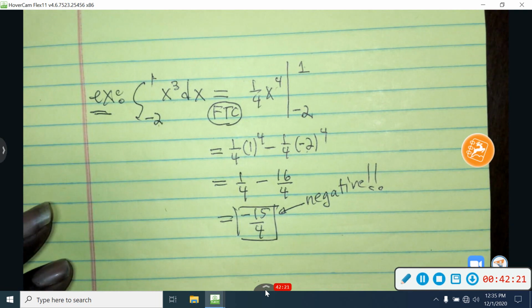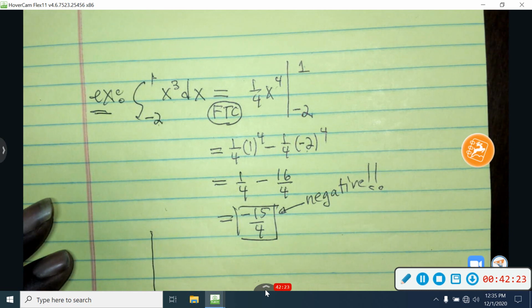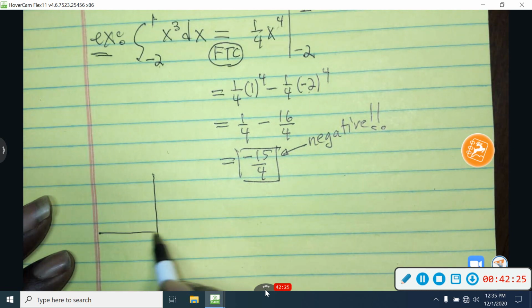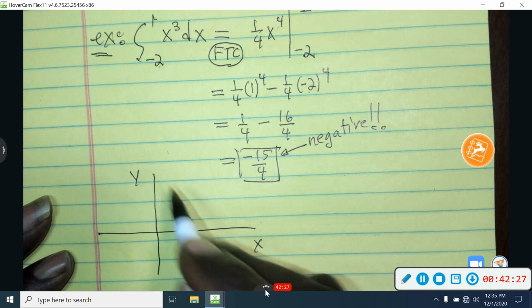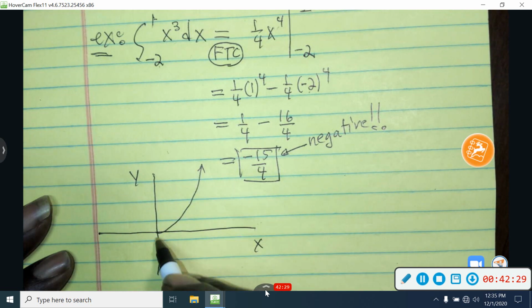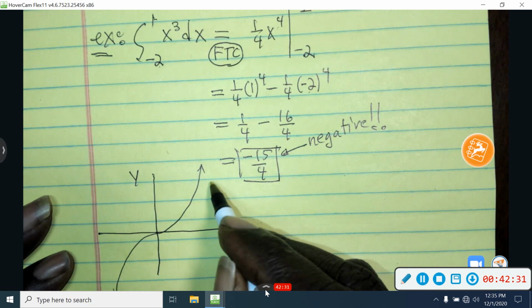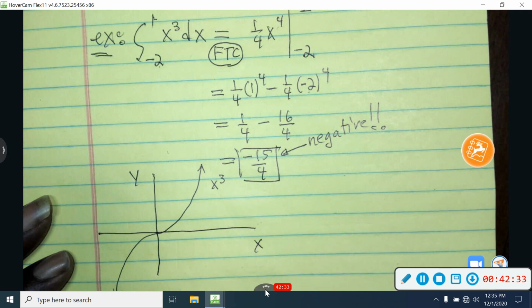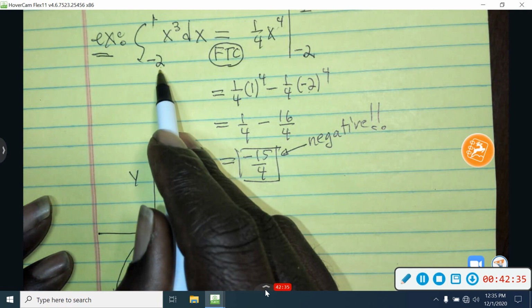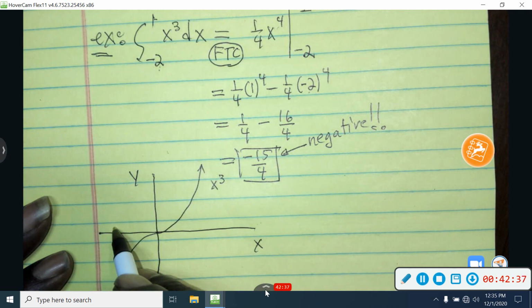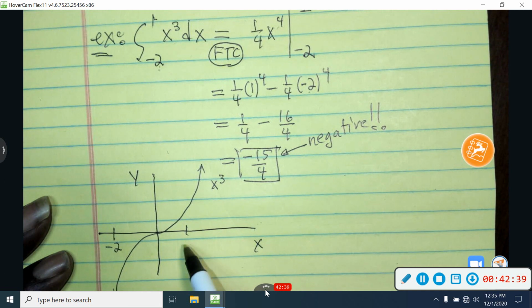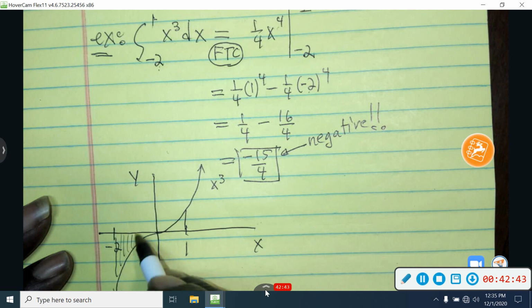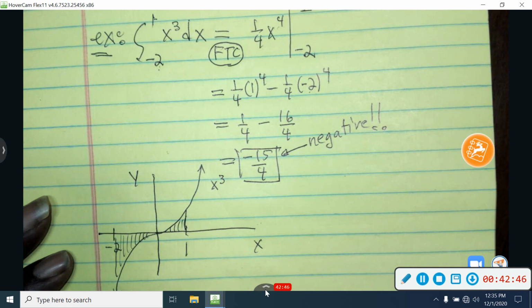But, like I told you, if you look at x cubed, here's a graph. You see it's up in the air and down sometimes, above the x-axis and below the x-axis. And if you look at it on our interval, -2 to 1, you can see that it's below the axis more than it is above the axis.